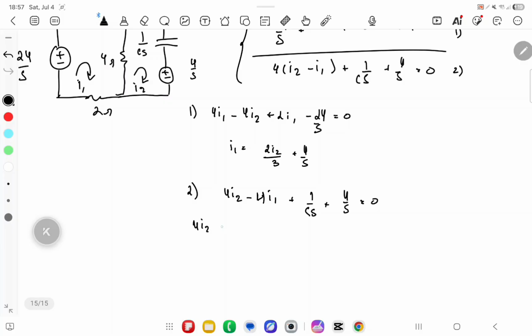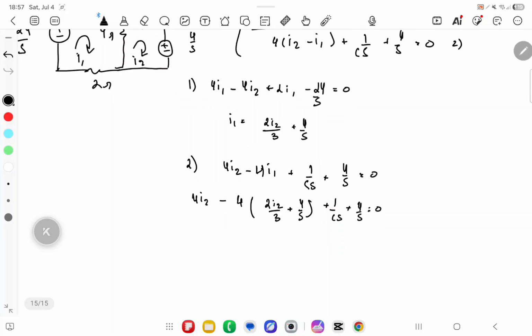And here I can just substitute, and as a result, you can solve this set of equations yourself, and you will find that I2 is equal to 12 over S over 4 over 3 plus 1 over CS. Okay, and as a result, we get 36C over 4CS plus 3. This is our I2.